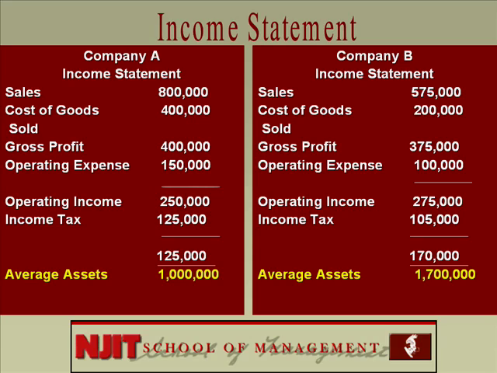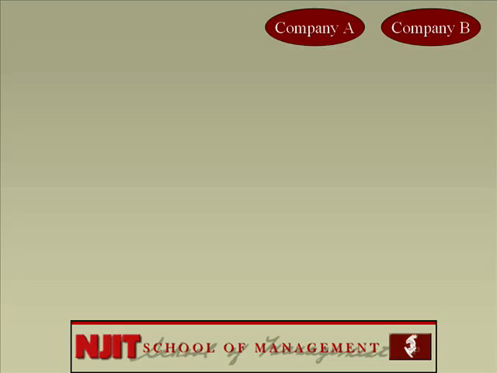If so, you may not be correct. To figure out overall performance, you use a ratio called return on assets, or ROA. This is net income. ROA is net income divided by average assets.